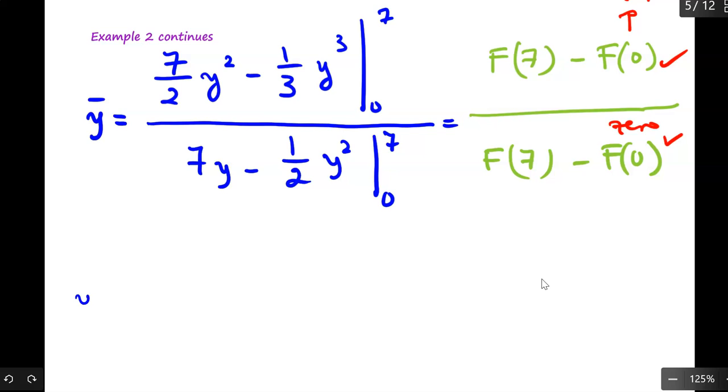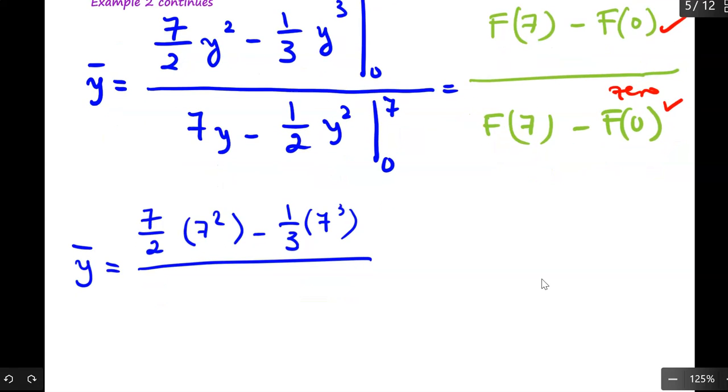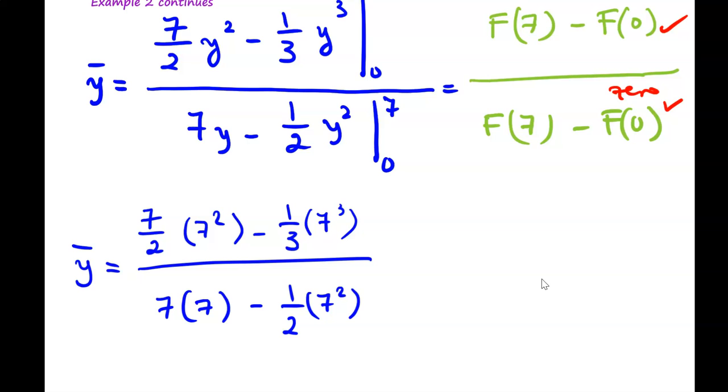Now y bar equal to 7 over 2 times 7 squared, subtract 1/3 times 7 to the exponent 3, divided by 7 times 7, subtract a half, 7 squared. So what do we get?